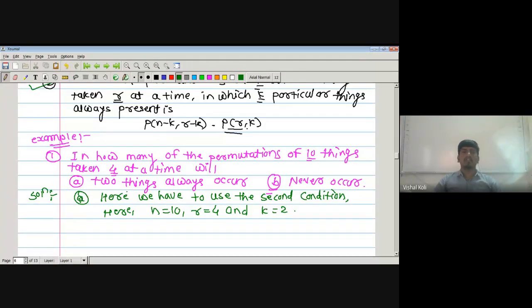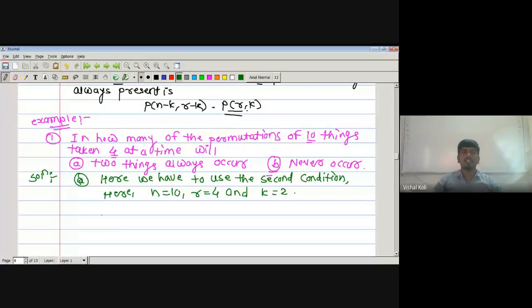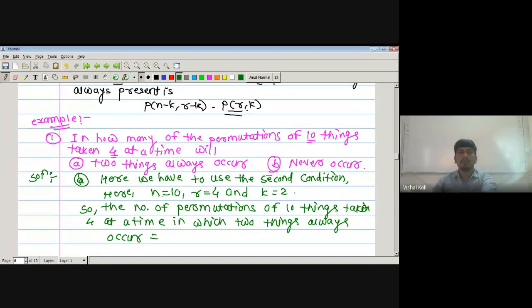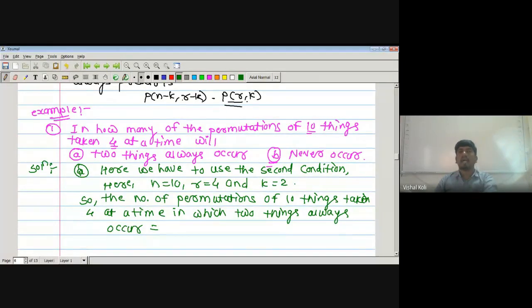So the number of permutations of 10 things taken 4 at a time, in which two things always occur, is equal to permutations of n minus k things, where r minus k will be taken at a time.